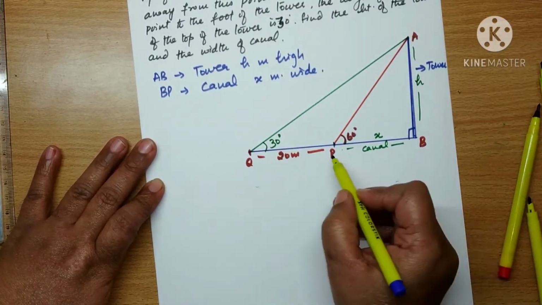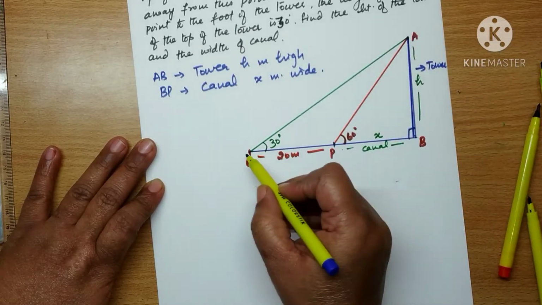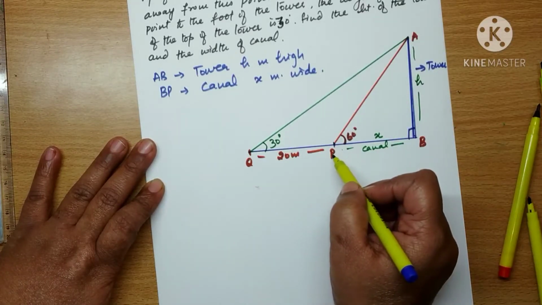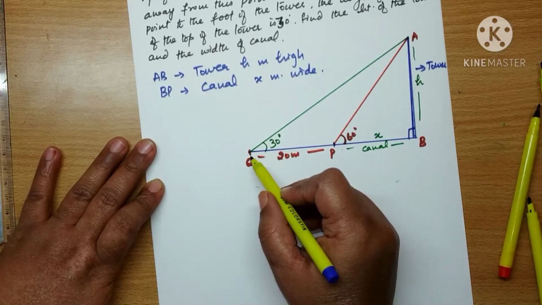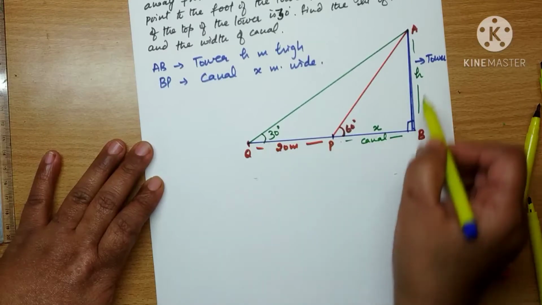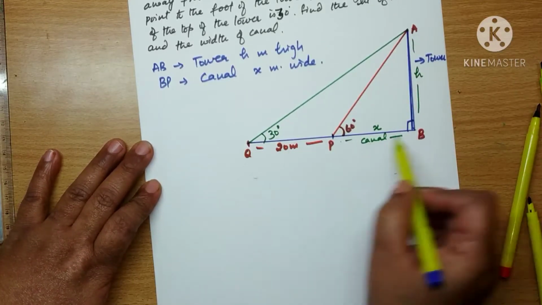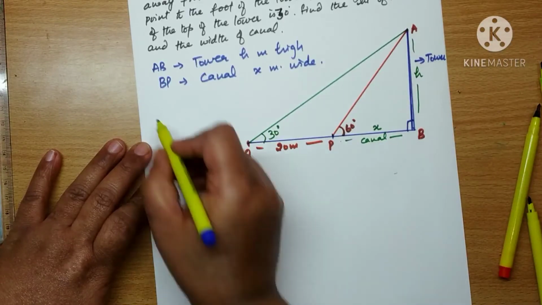Then from this point P, the angle of elevation is 60, and 20 meters away from P, from the point Q, the angle of elevation is 30 degrees. So that means I'll have to apply T ratios in these two triangles, right? Let's first of all apply a T ratio on the bigger triangle.